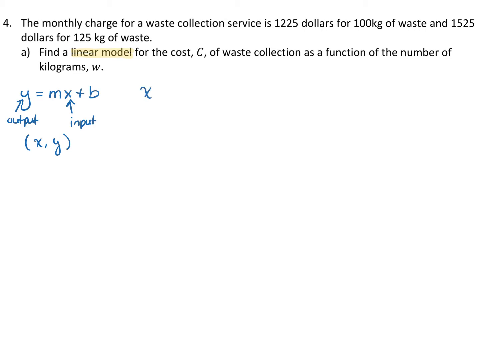For this particular problem, your input variable is going to be the number of kilograms of waste, which we're told to call w instead of x. And the output variable is the cost measured in dollars, so instead of y, we're going to call it C.